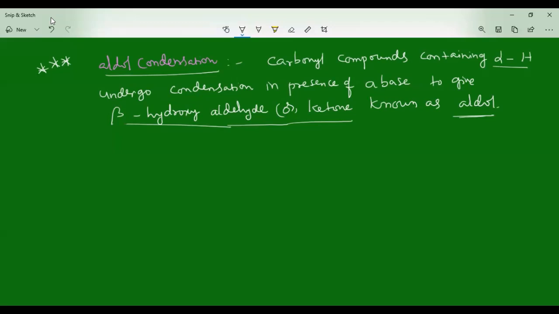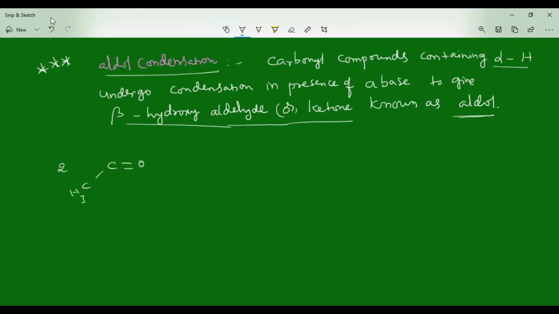Actually, in this process you should take a reaction between two aldehydes or ketones, or one aldehyde and one ketone. Suppose you have taken an aldehyde like acetaldehyde.